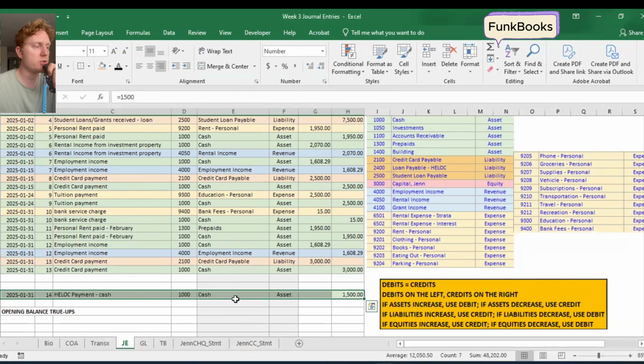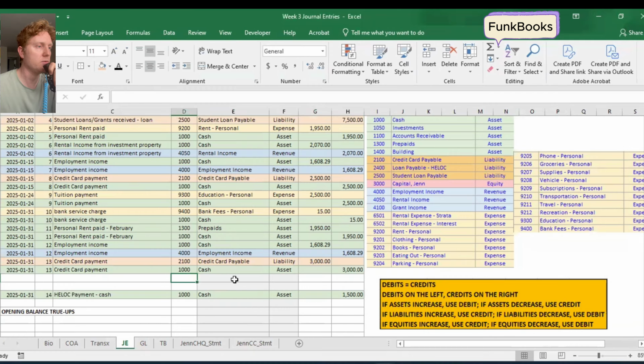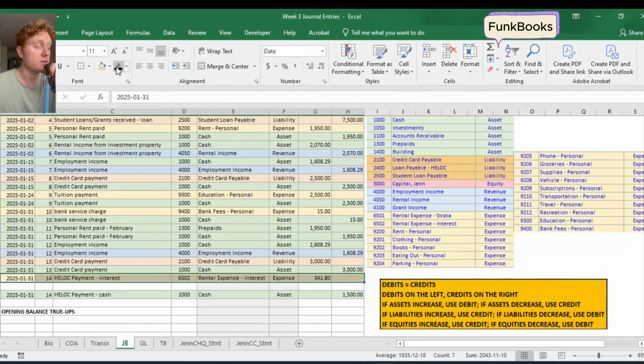And this is going to affect two other accounts, right? It doesn't actually matter which account we do first, but let's do the interest first. So let's find the interest here. And you'll notice this one is related to the 6502 line. So it's not personal, because this interest would for sure be deductible on Jen's tax return, right?